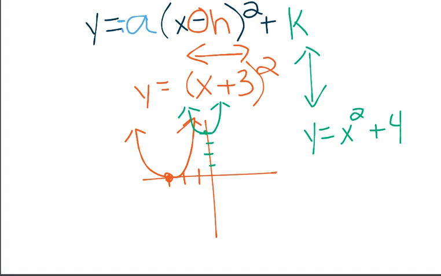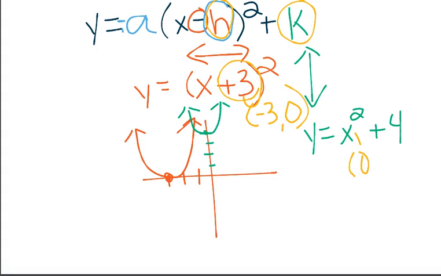So h and k are both very helpful because h and k are the vertex. If you see this one, my vertex is at negative 3, 0. Here, my vertex is at 0, 4. So always pay attention to those h and k because it helps you find where the vertex is, a very critical point when we're graphing parabolas.